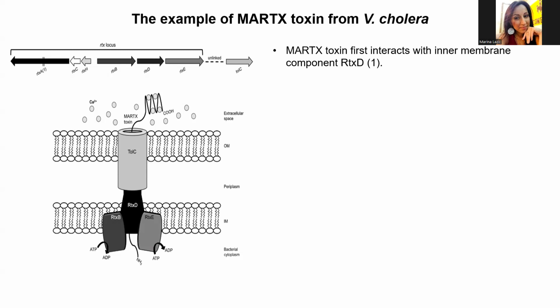This D component interacts with the substrate with its N-terminus. So it finds the substrate, the toxin, which in this case will be exported with its N-terminus. Again, D plays the role of a membrane fusion protein here.